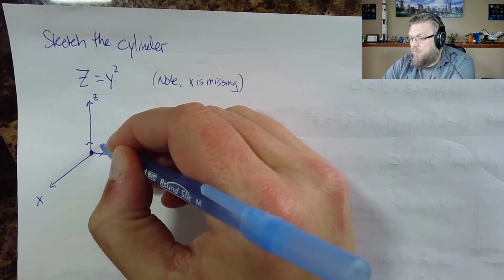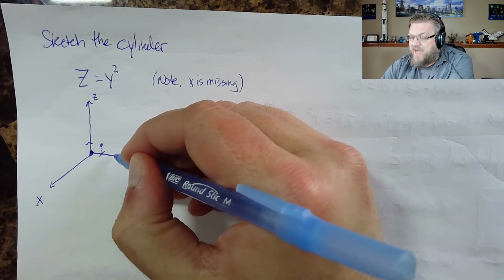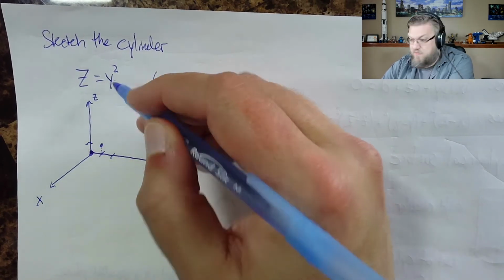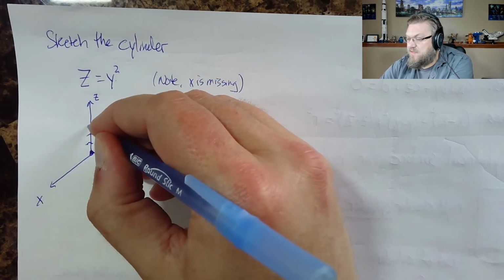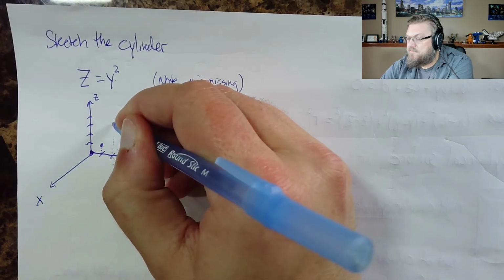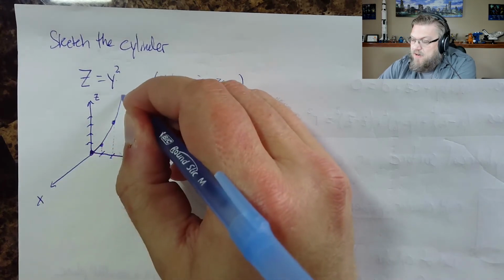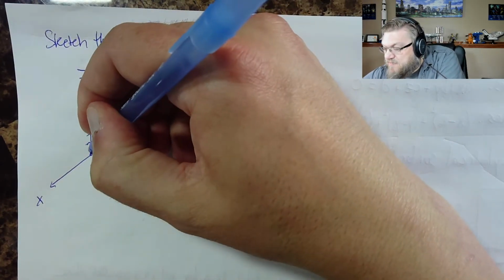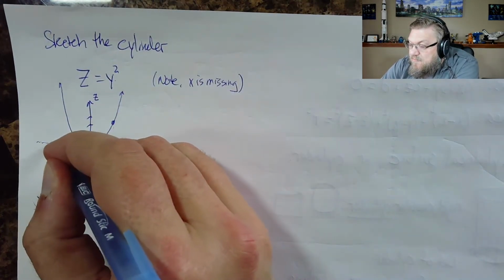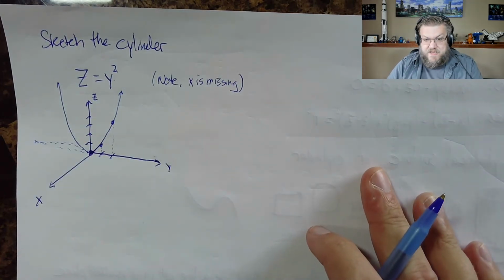That's at 1, 1. And then if y is 2, then z is 4, 2 squared. So 2, 3, 4. And you get that very common parabolic shape. And in fact, I get it over here on the left side as well.